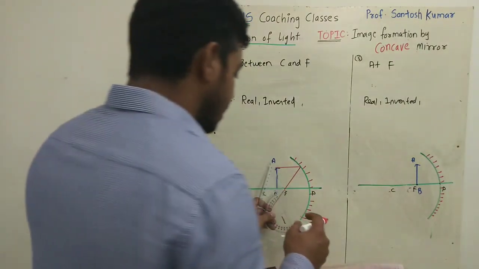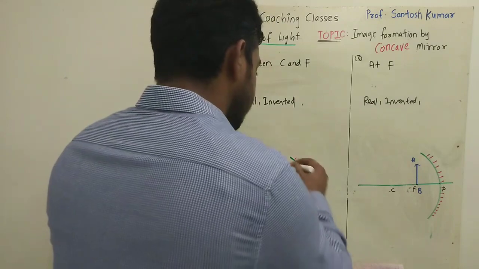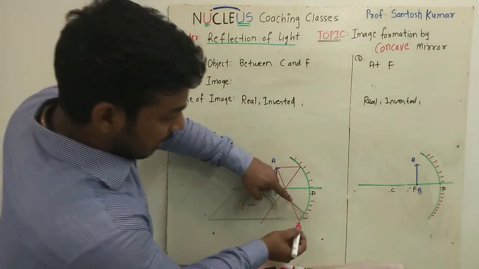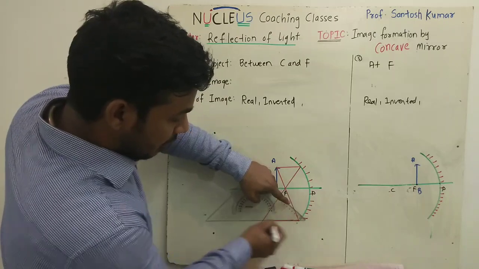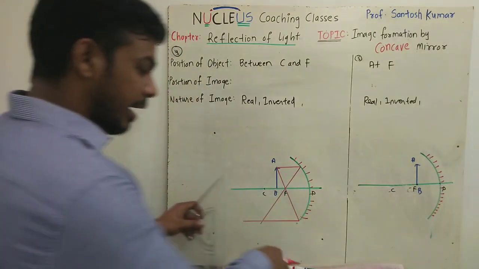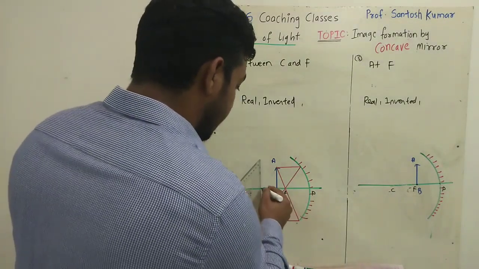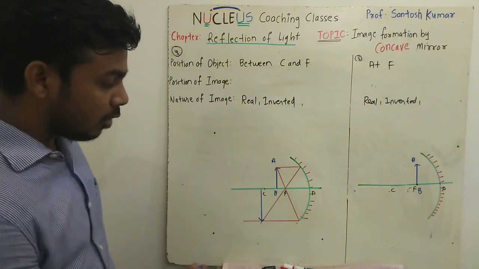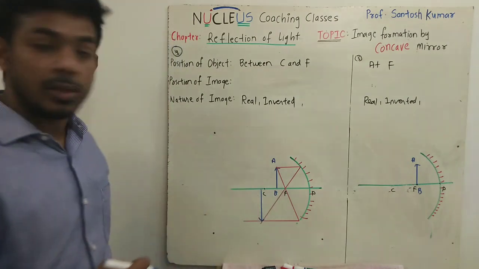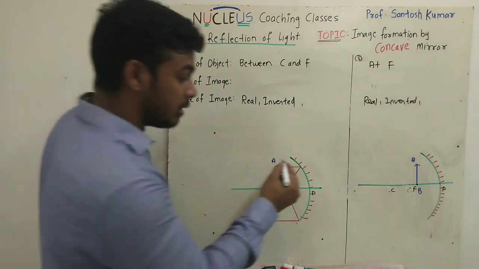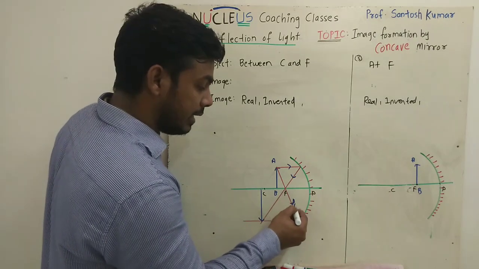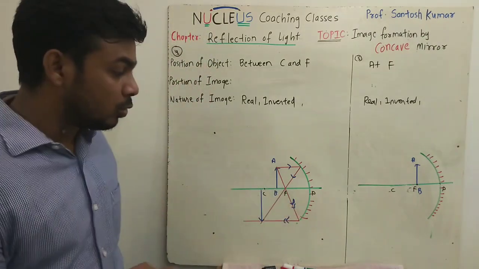Another rule: this is passing through F, and definitely after reflection will travel parallel to the principal axis. If I locate the image, you can clearly see the image which I have got is beyond the center of curvature. I have used the basic rules: parallel, passing through F, and then parallel. I have got 2 rules.